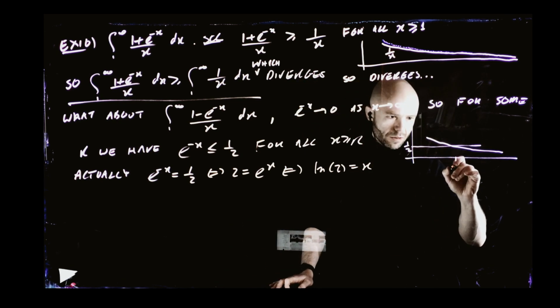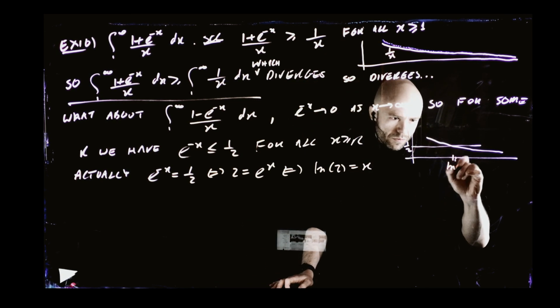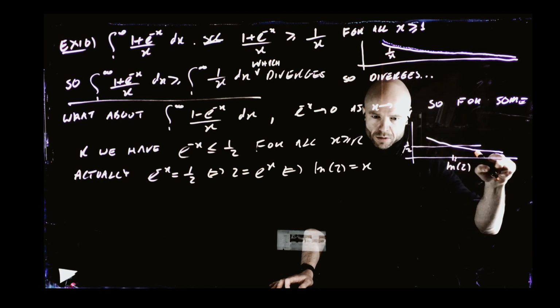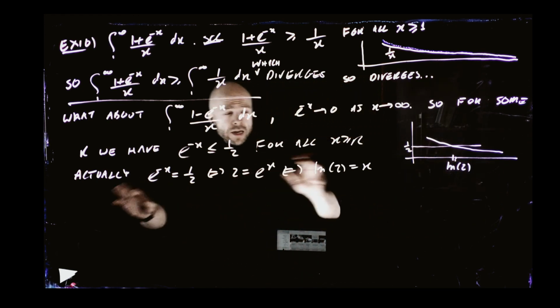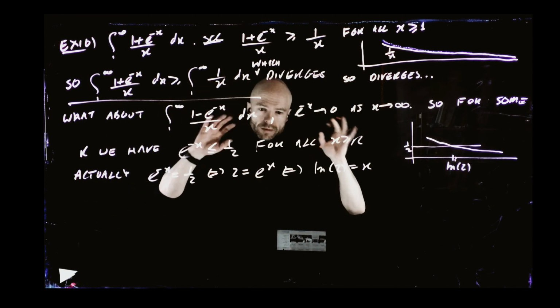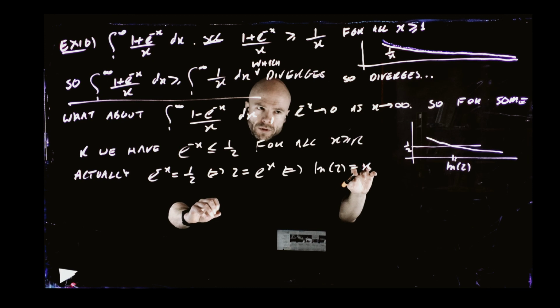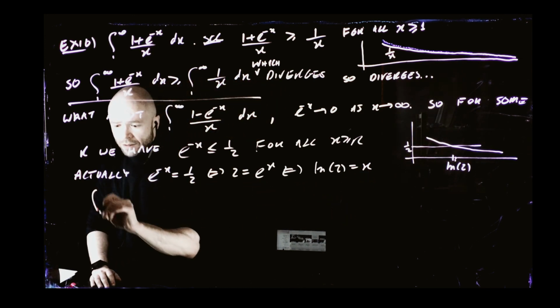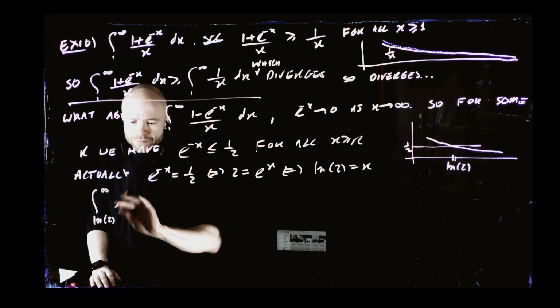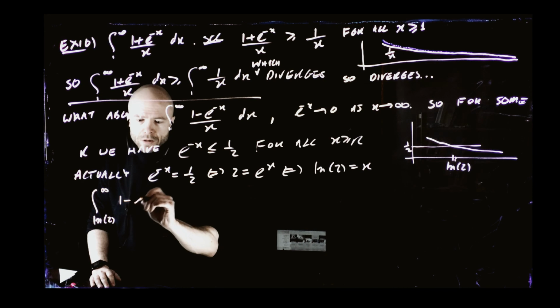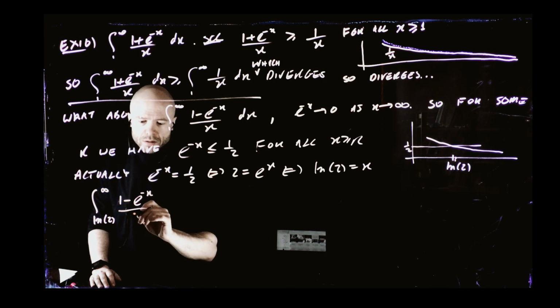So from this point onwards, e to the minus x is less than a half. Do you see what I mean? Give me a thumbs up if you do. Yeah? We don't actually care what the value is, but it's nice to have one just to make sure. So if we instead consider the integral from log 2 to infinity, 1 over e to the minus x over x, right?